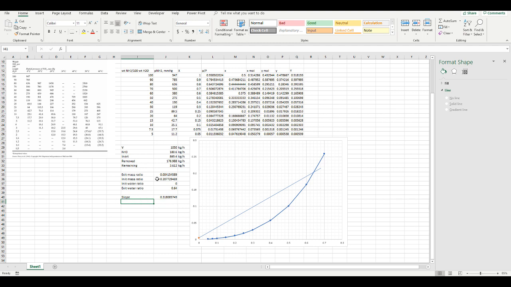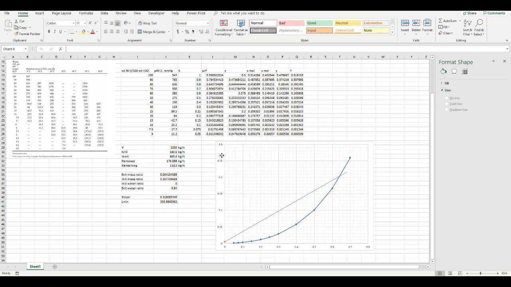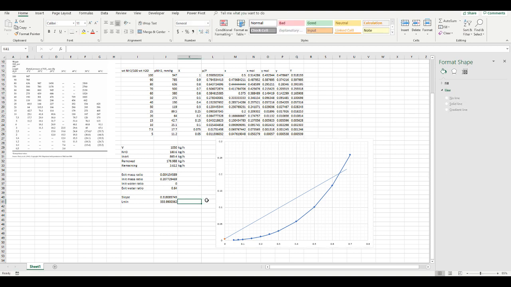We know that the slope is equal to L over V, which means that the slope times V is equal to L min. And there you have it. So L min is equal to 334 kilograms per hour.